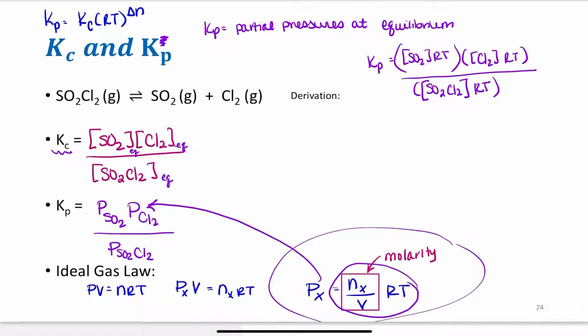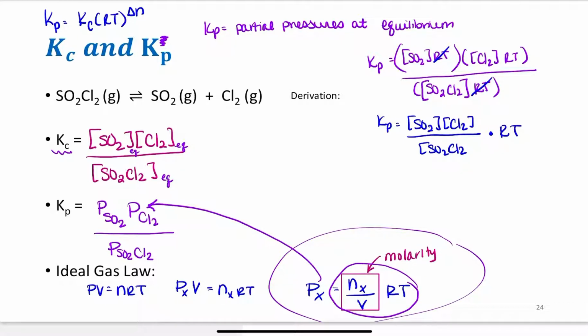Now, if you look at this equation specifically, we could say, okay, well, one RT is canceling with one RT. That's giving me Kp is equal to the concentration of SO2 times Cl2 times RT divided by SO2Cl2. And I'm going to actually pull that RT completely out and say this.